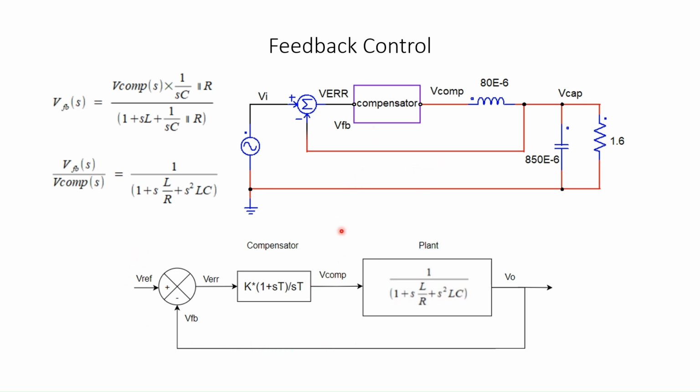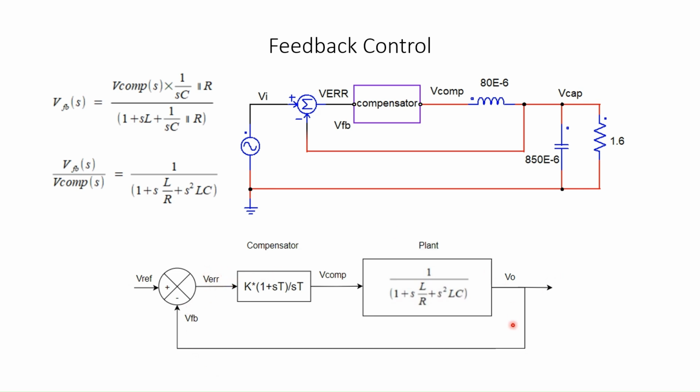So in the control block diagram, we come to V feedback. We know that it is the same as the LCR transfer function. We call it a plant, and this is a compensator. The compensator transfer function comes here. The error goes to the compensator, and V reference minus V feedback is the error.